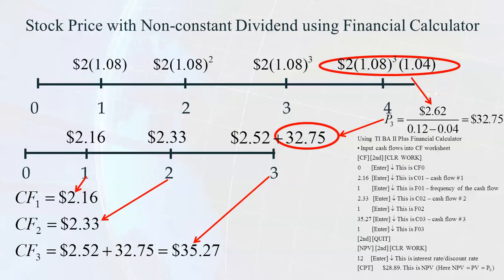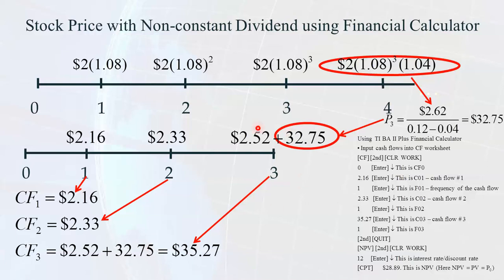Again, I'm just showing you this. You're going to compute cash flow 1, cash flow 2, and cash flow 3. Cash flow 3 is your third dividend plus your expected price of that year, because after year 3 the dividend is constant.